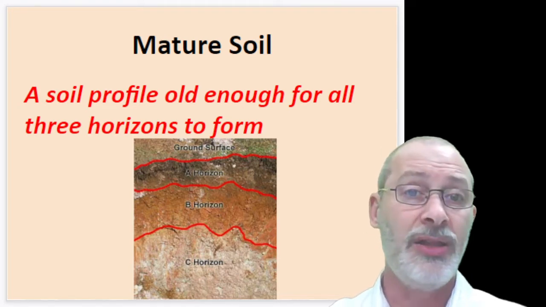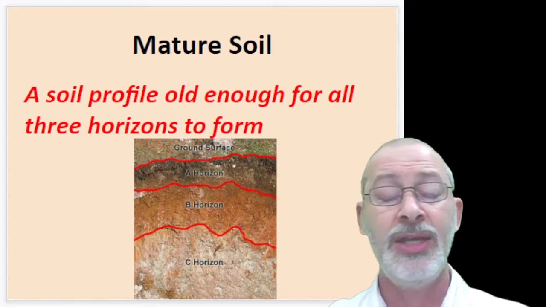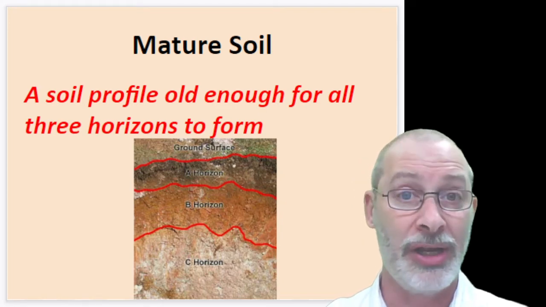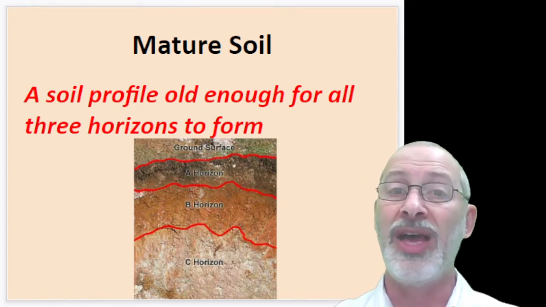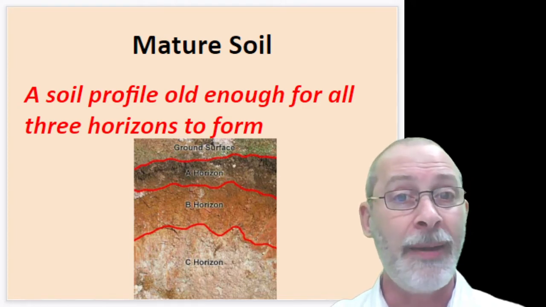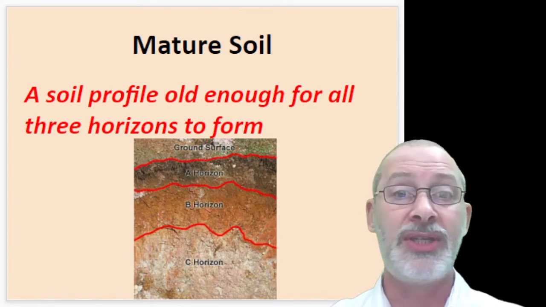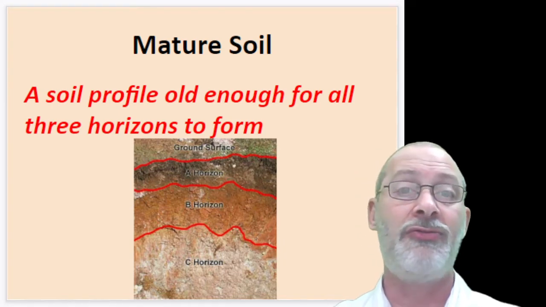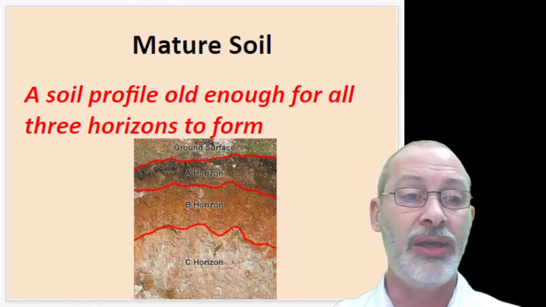A soil scientist can tell that that soil has not been around very long because it hasn't developed the various horizons. It takes more time for the minerals to leach out of the A horizon and form a distinctive B horizon.